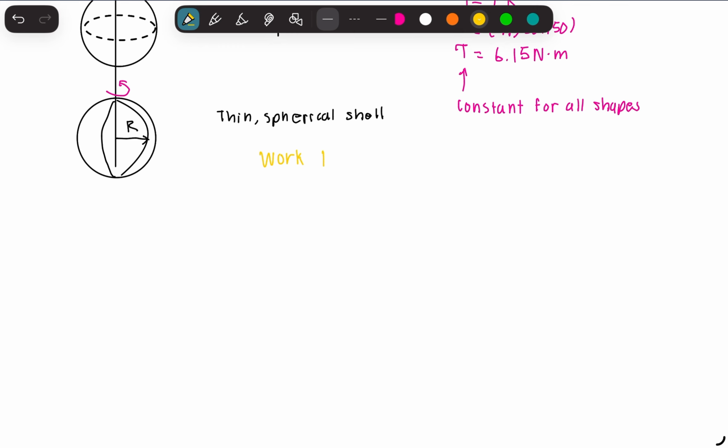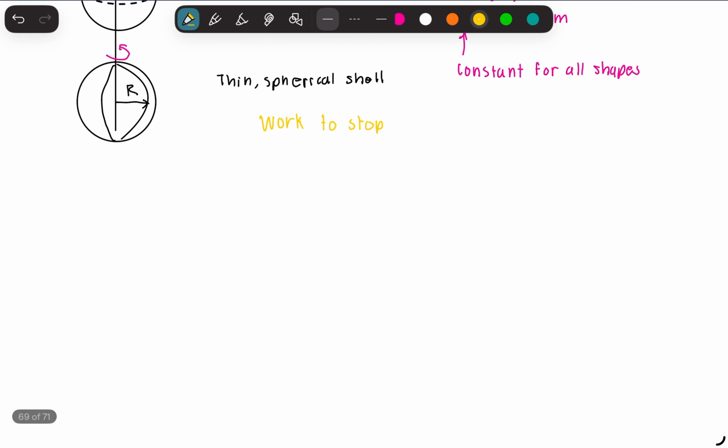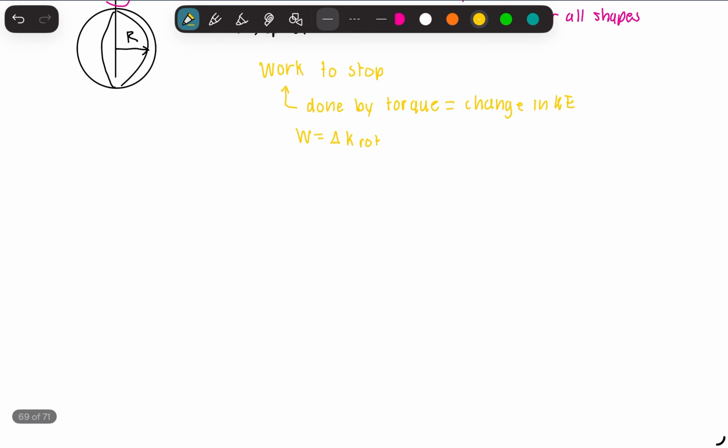Now we can find the work to stop. So the work done by torque is going to equal the change in kinetic energy. This is going to be the change in rotational energy because these objects are rotating and it's not linear motion.